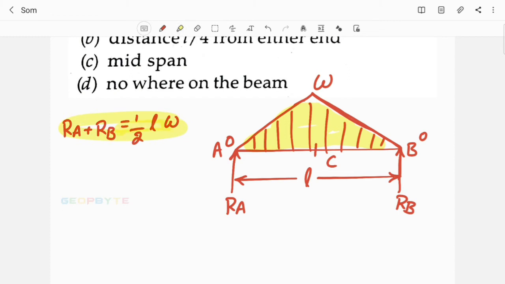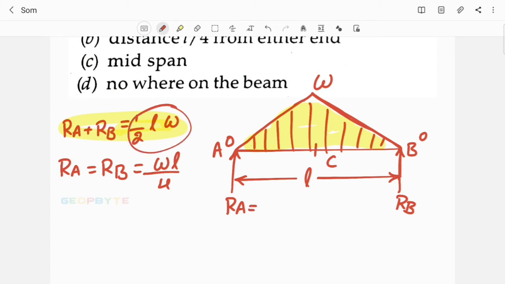Since the load is varying linearly from both supports to the midspan, RA will be equal to RB, which is half of this value, WL by 4. RA equals WL by 4, RB equals WL by 4.